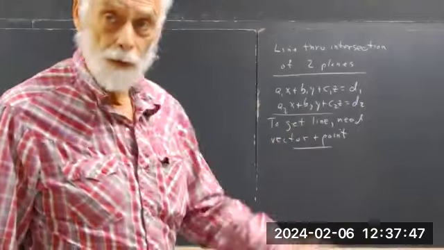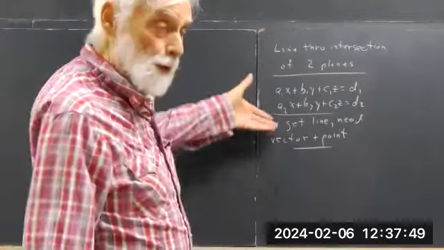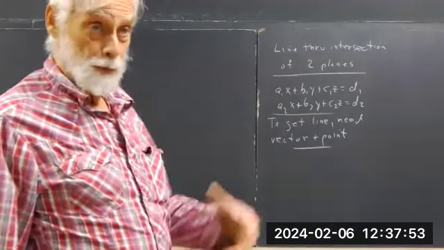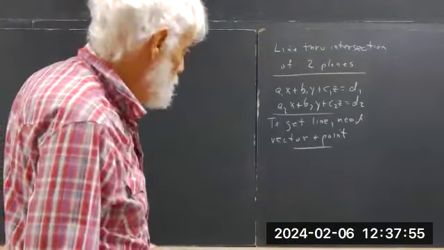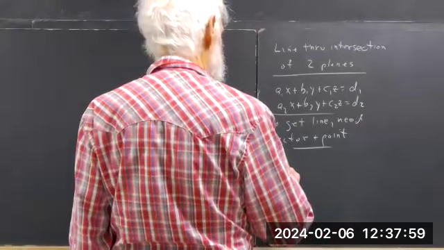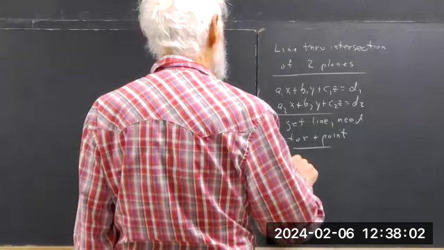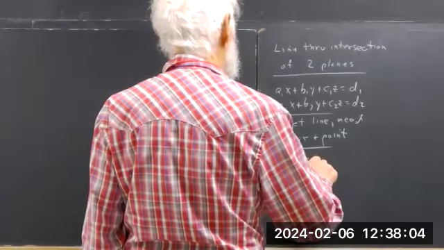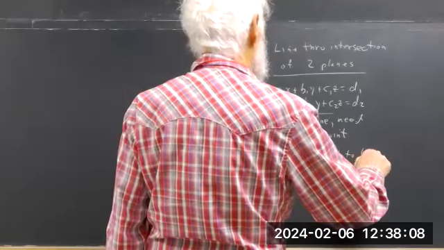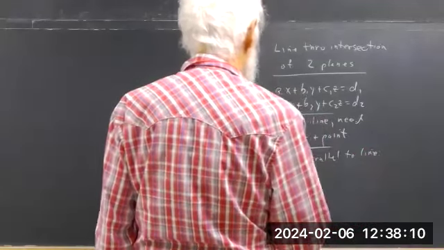The vector in the direction of the line, and I'm not going to write in the direction of the line because it takes time. I assume everybody understands that. The vector parallel to the line.